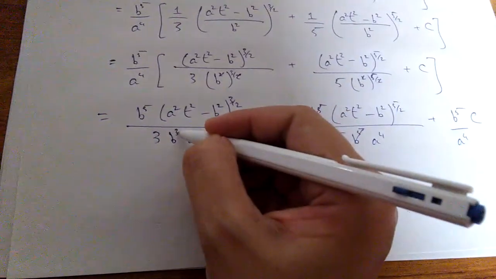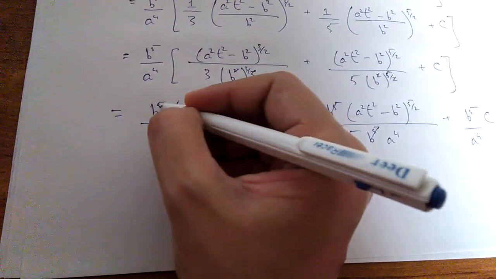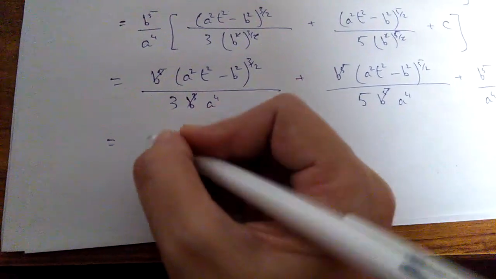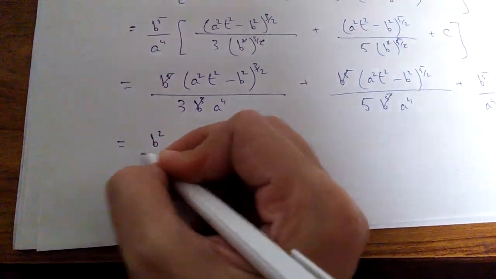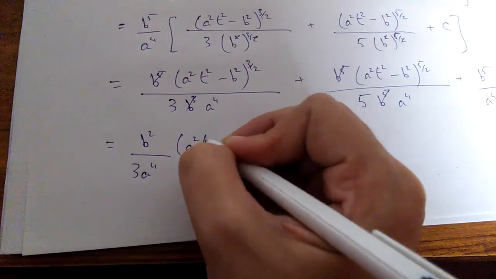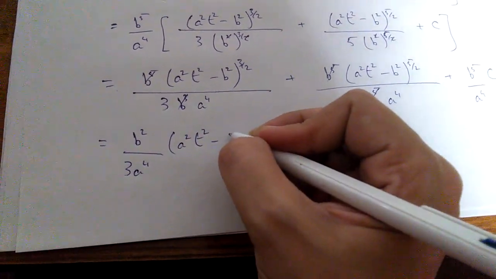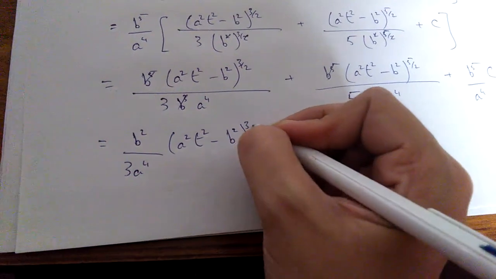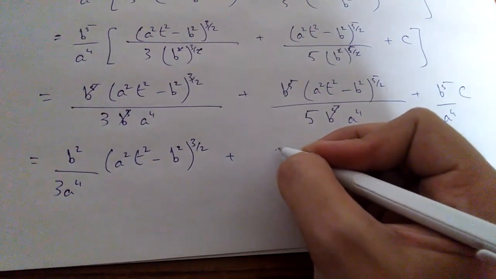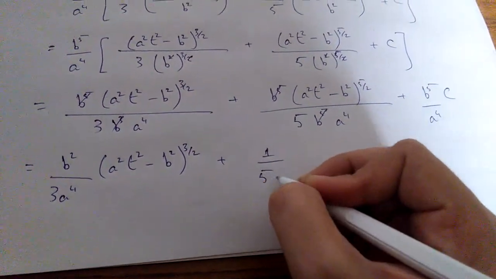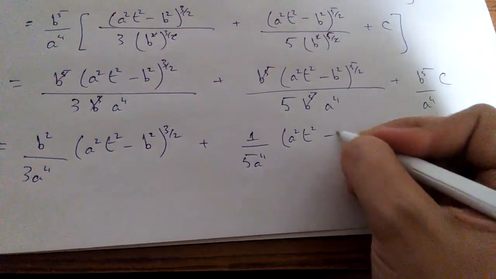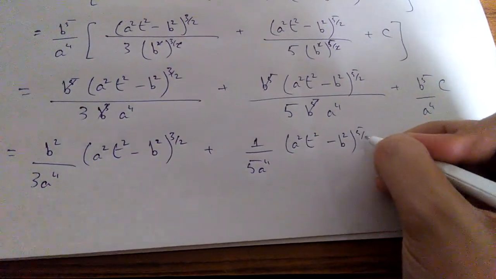So this and this get cancelled, and b square we are going to have in the numerator. So over here we are having b square upon 3 a power 4 times (a square t square minus b square) power 3 by 2, plus 1 upon 5 a power 4 times (a square t square minus b square) power 5 by 2.